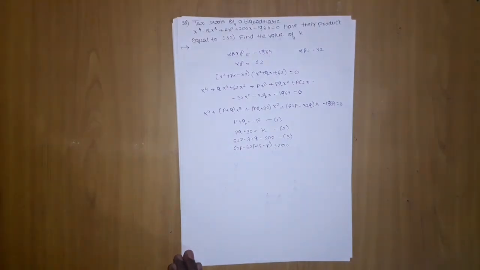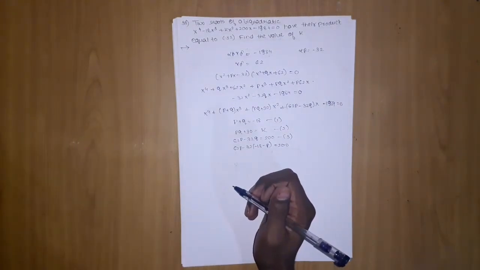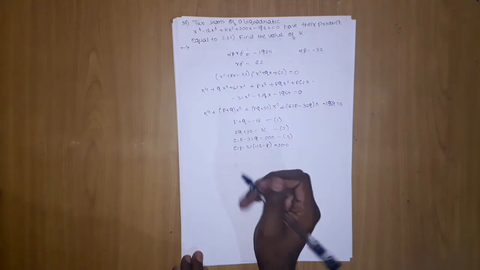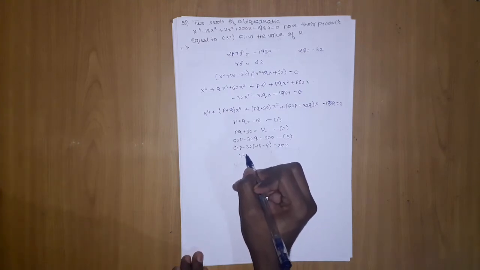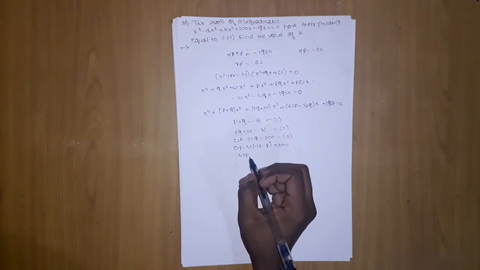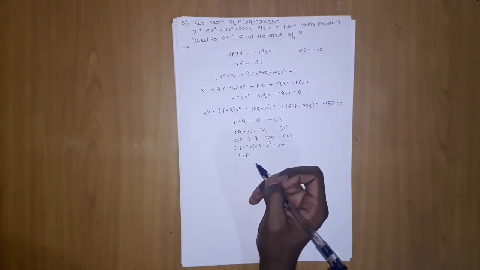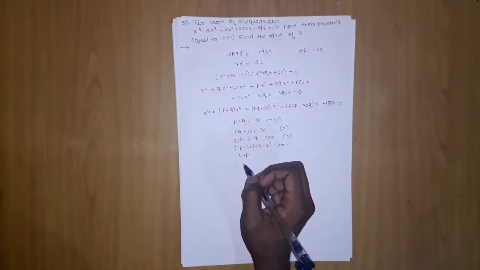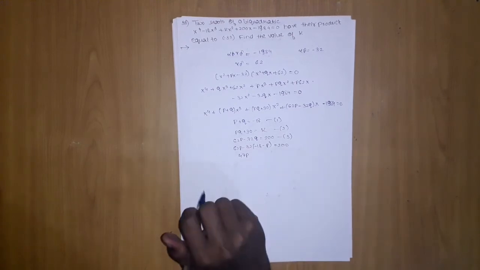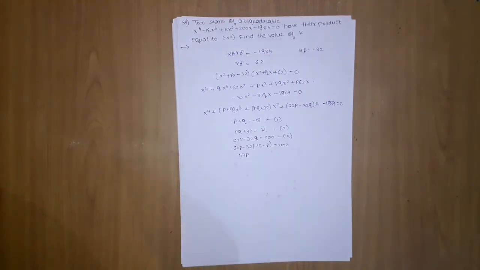After solving this, what I am getting is 94p, wait, let me recompute, minus 62 minus 32, it should be 30.